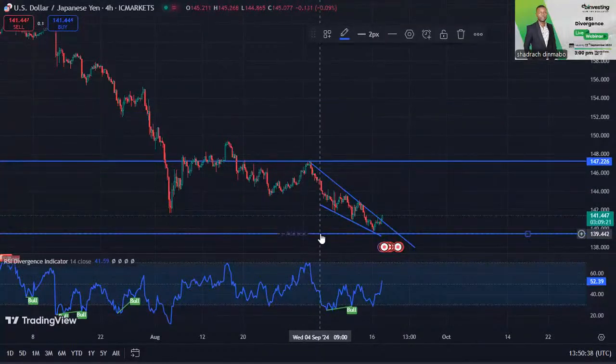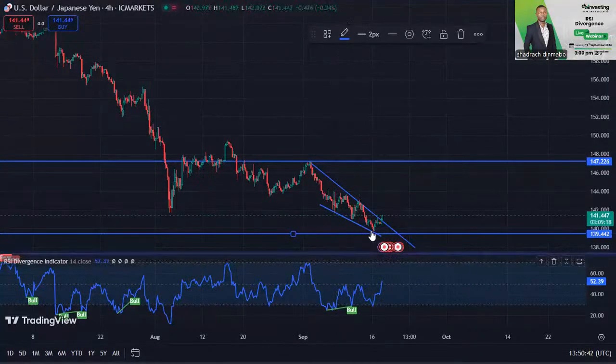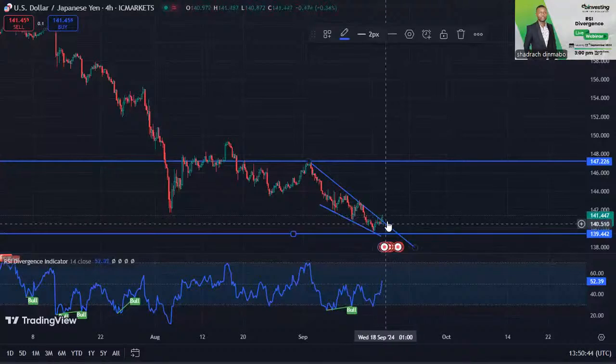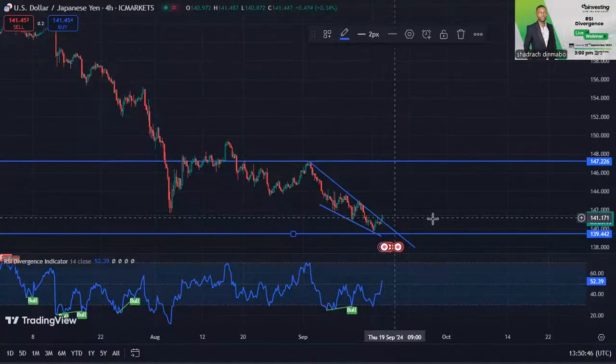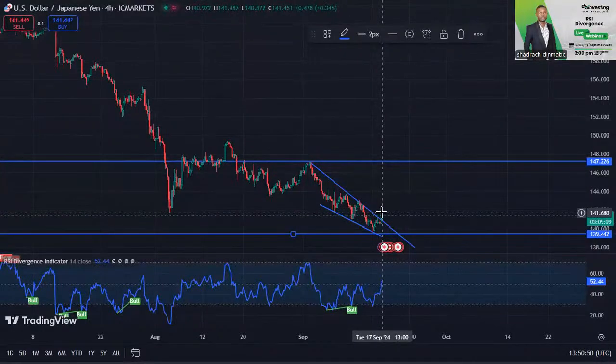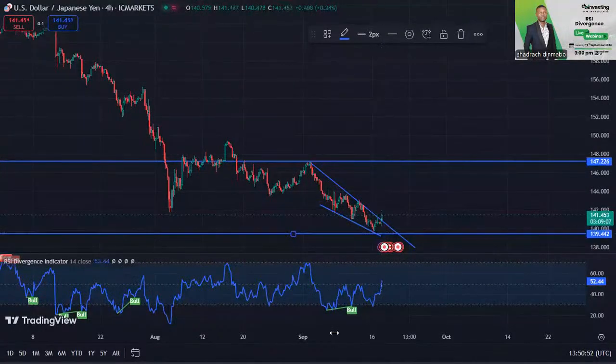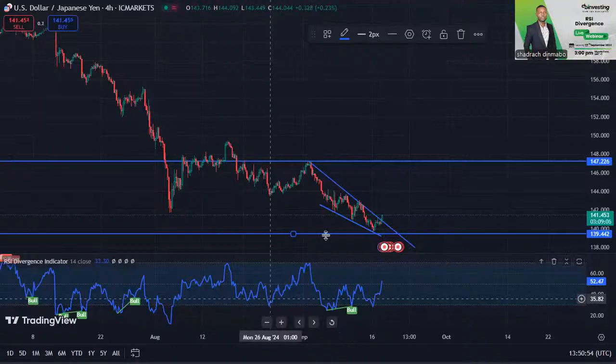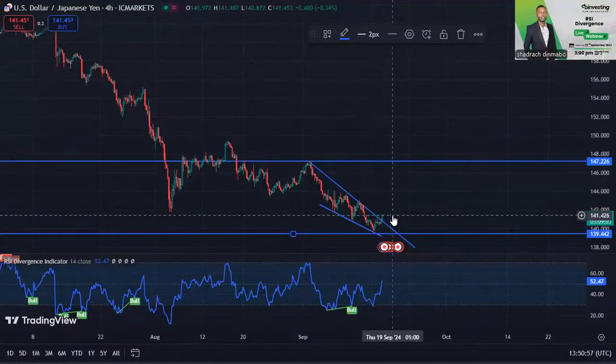Okay. All right. So now our entry point, we want to wait for the close of this particular candle, because this could be possible: we could go and then do a rejection back below the trend line. So we want to see that it closes above the trend line.